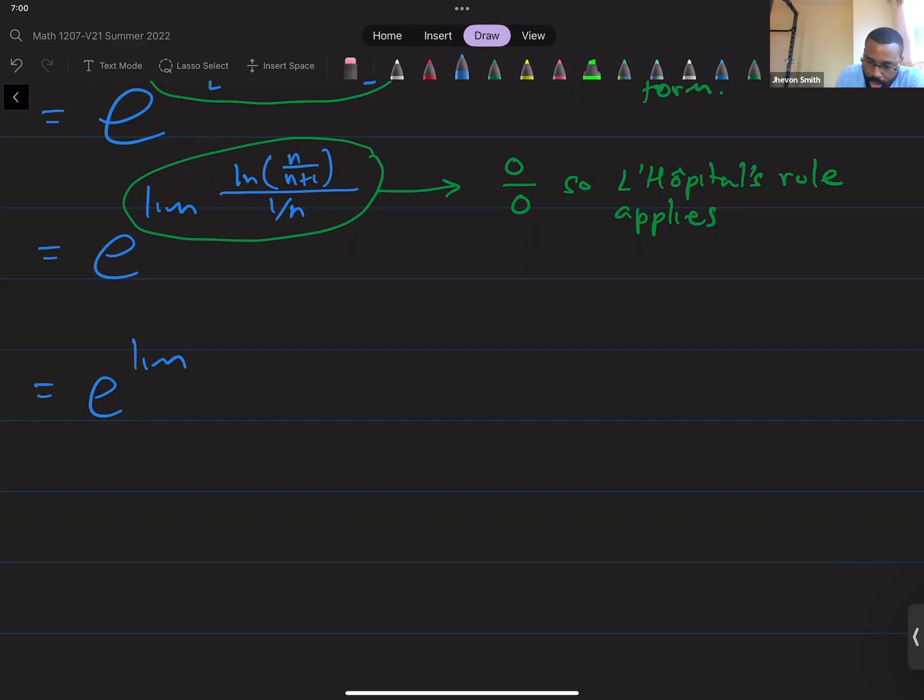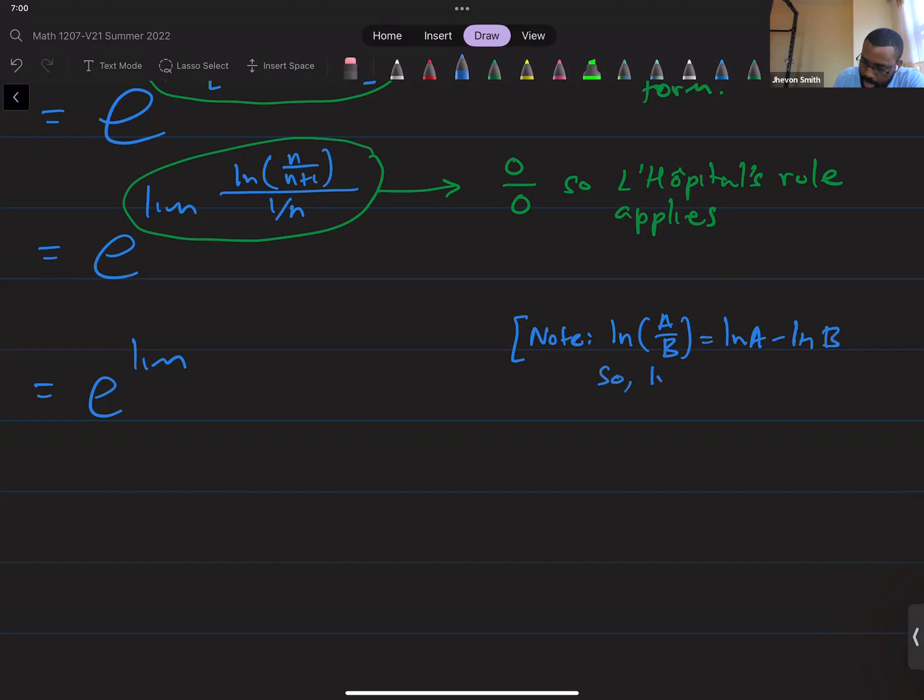So the derivative of the top is going to be, well, it'll be easier to do this if I note that the log of a division is just the difference of logs.